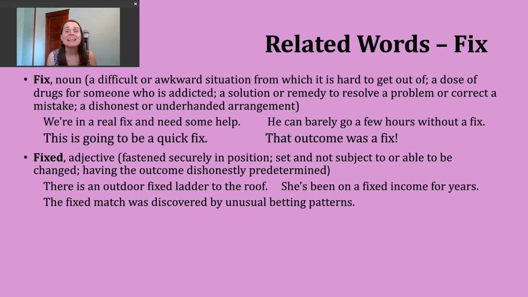A second way the adjective fixed gets used is to mean something is set and it's not subject to change or it's not able to be changed. An example of how you might hear this used. She's been on a fixed income for years. Many times we use this phrase, fixed income, to talk about retirees or maybe individuals who receive disability payments.